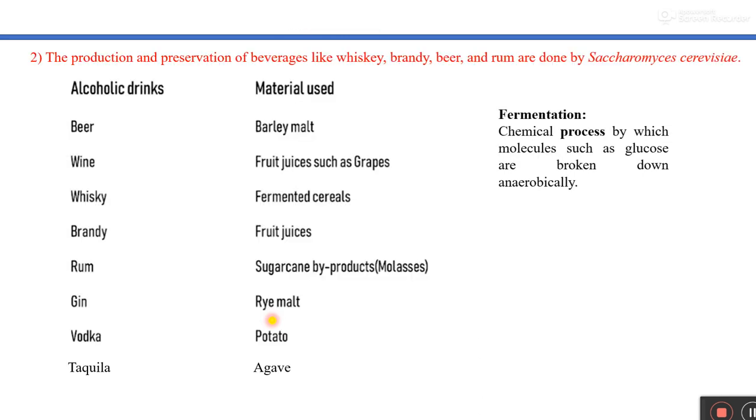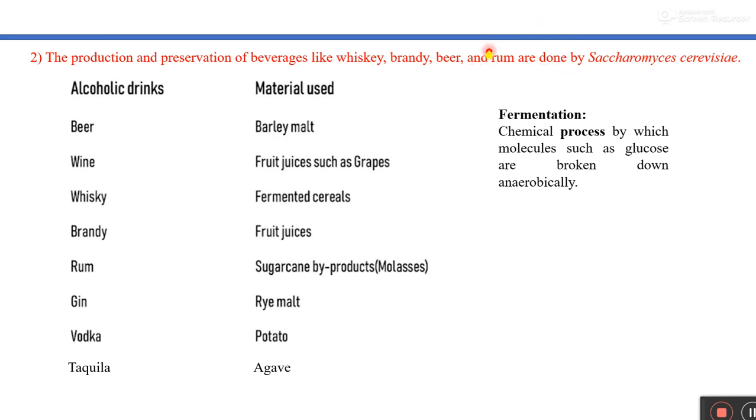Now, the second important food product which we derive from the use of different kinds of microbes is beverages like whiskey, brandy, beer, and rum.